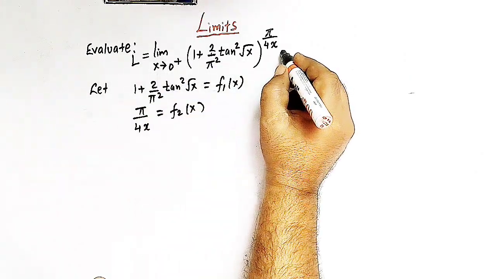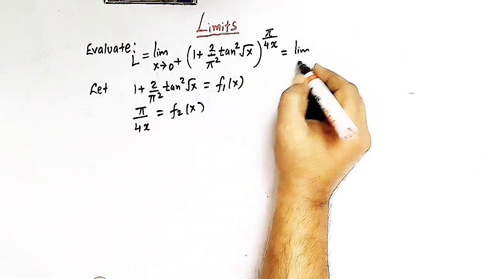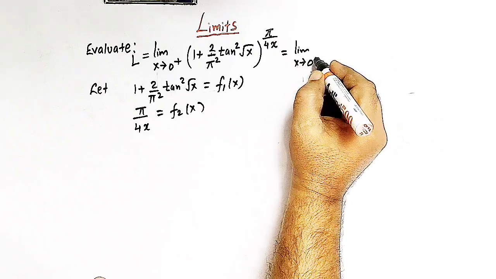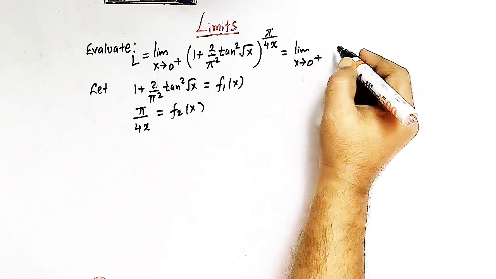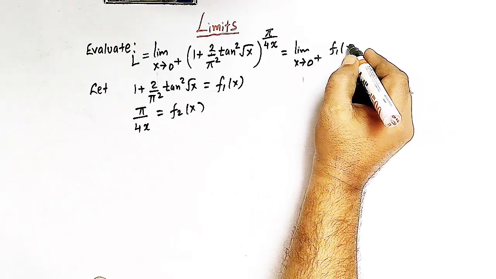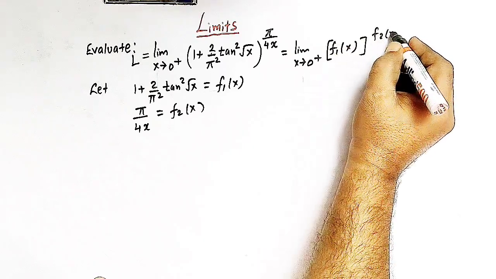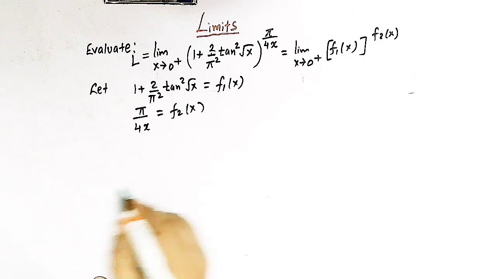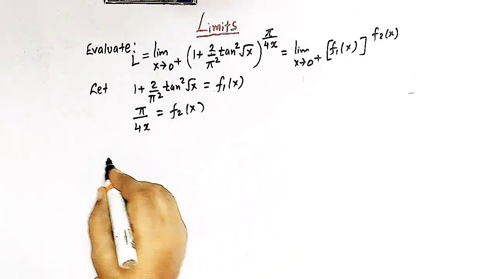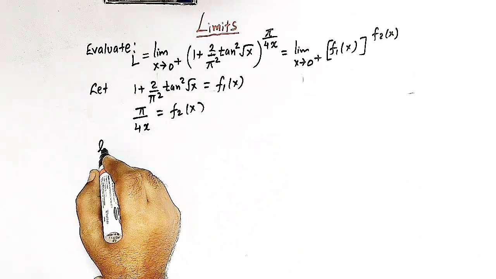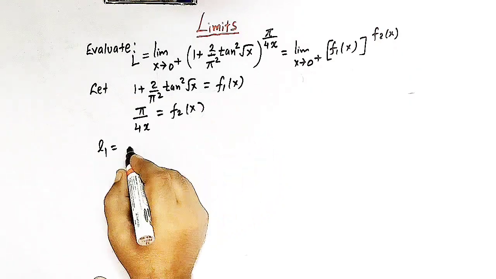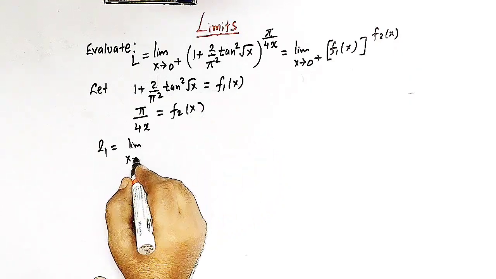So now this limit takes the form limit x tends to 0 positive of f1(x) raised to f2(x).